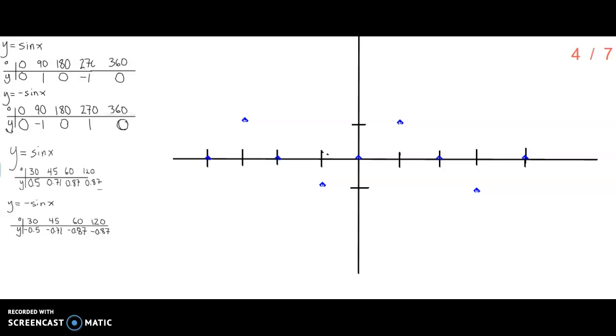Now with the reference angles, we can get a more detailed representation of what this curve should actually look like. So at 30, I'm at 0.5.